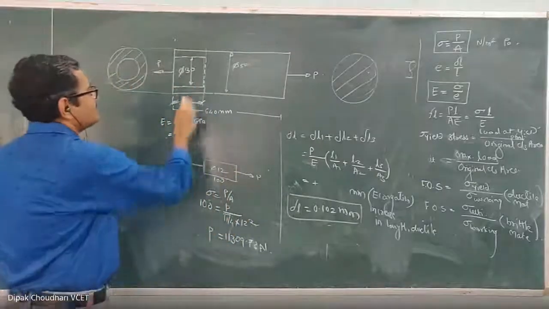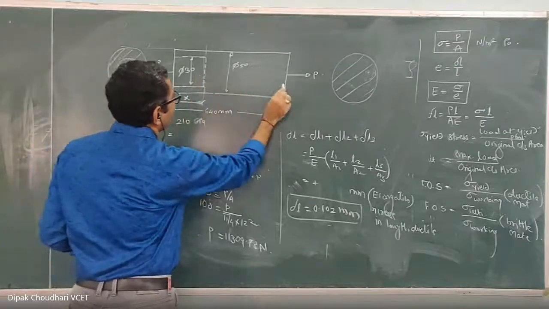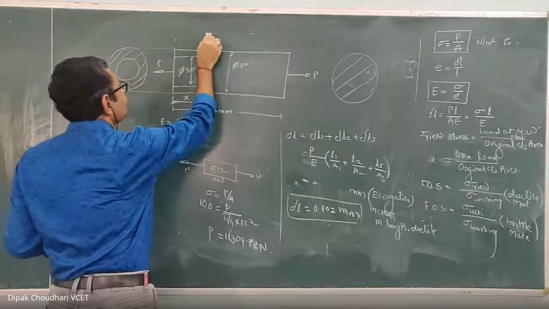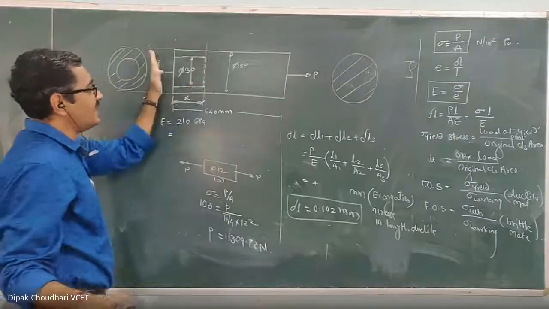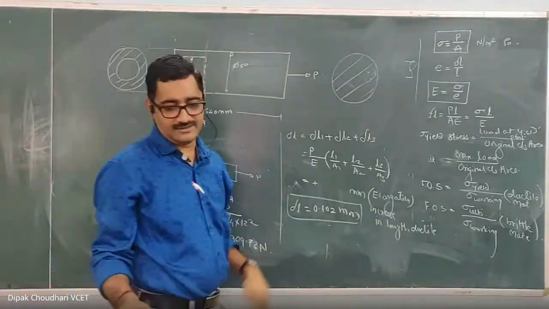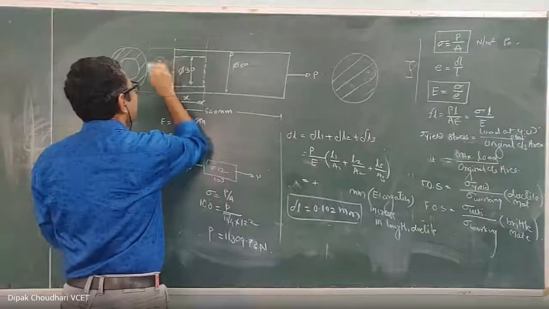Now you'll observe that since we have to consider the deformation of this hollow part and the deformation of this solid part, let's consider one imaginary section over here. This cross-sectional area is different, and this cross-sectional area is different. Yes, but both these parts are subjected to the same axial force.